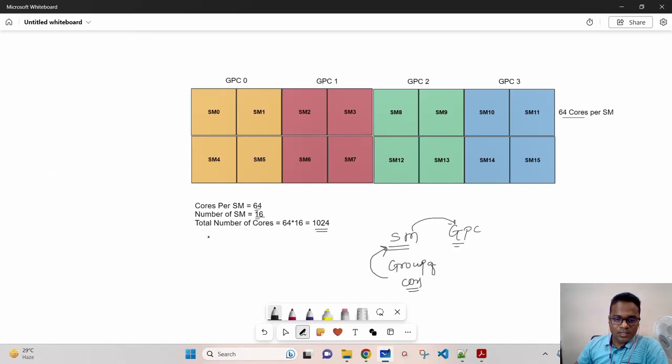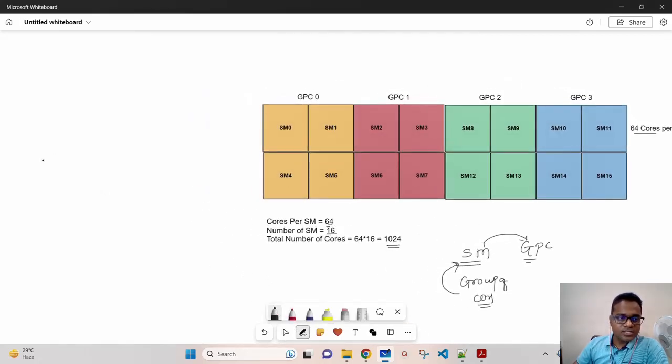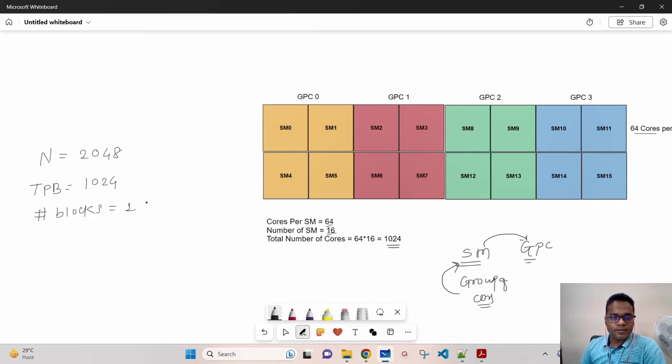Now coming back to our vector addition program, where we consider n, that is our input size, equal to 2048, threads per block equal to 1024, and total number of blocks that we configured equal to only 1.